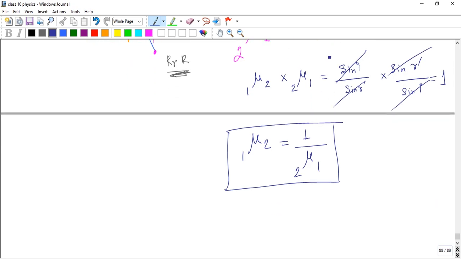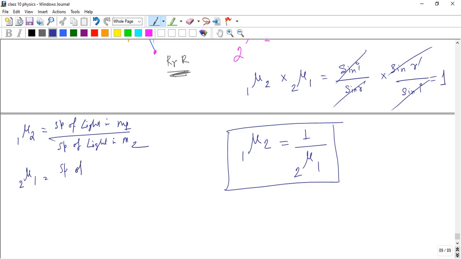Another method for mu 1 to 2 is the speed of light in medium 1 by the speed of light in medium 2, and mu 2 to 1 means the speed of light in medium 2 by the speed of light in medium 1, as you know from previous classes.